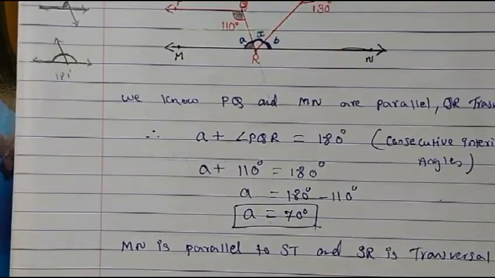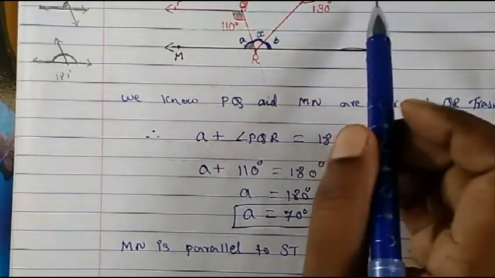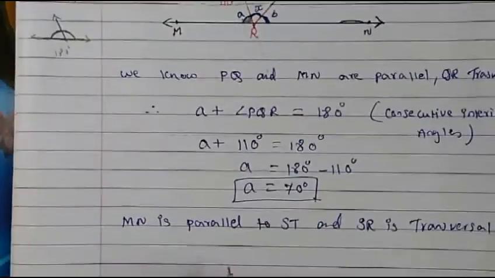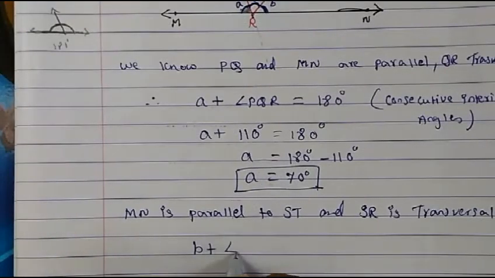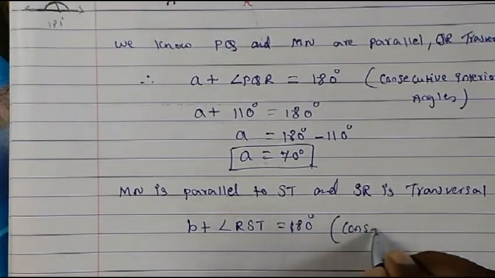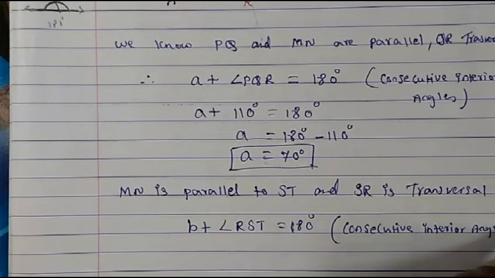Then B and this angle RST: B plus angle RST is equal to 180 degrees, because these are also consecutive interior angles.